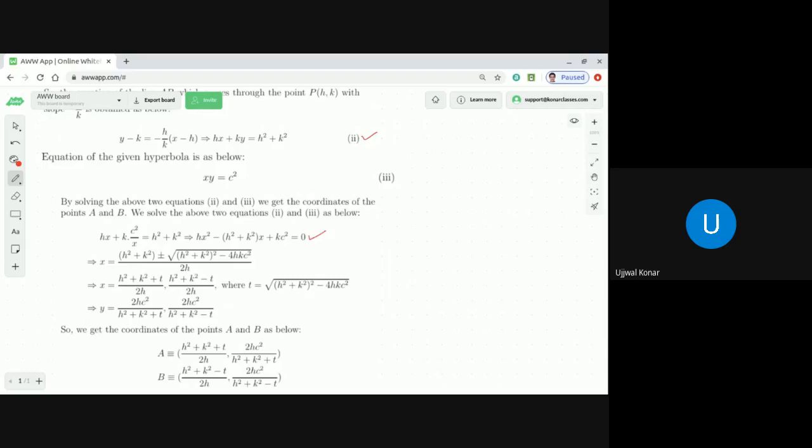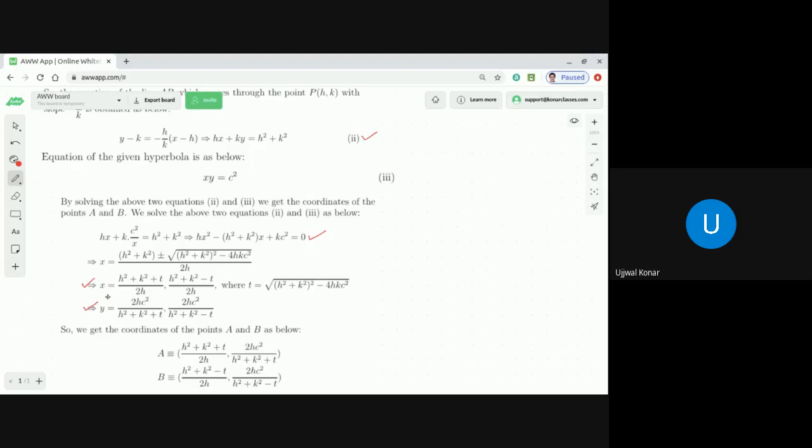We can solve it using the formula x equal to minus b plus minus square root of b square minus 4ac by 2a, and we get two values of x. We assume there is a t, which is the discriminant of this corresponding quadratic equation. So we get the values of x and y accordingly, because the moment we find the value of x, the value of y is very easy to find, since it is c square by x.